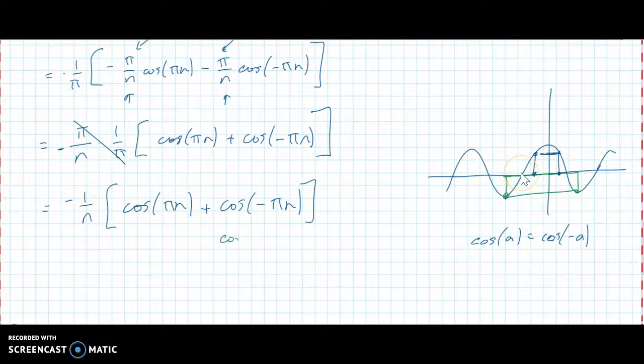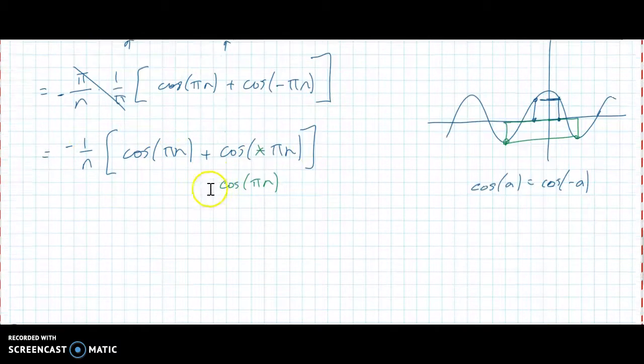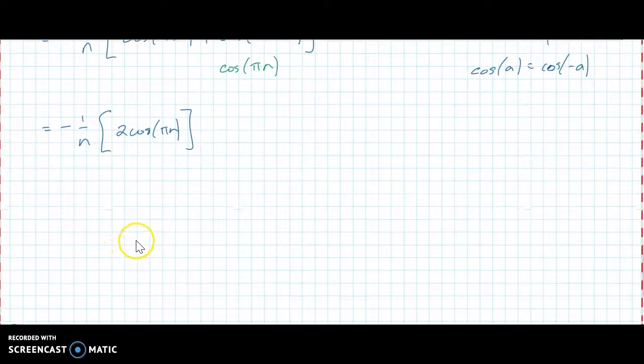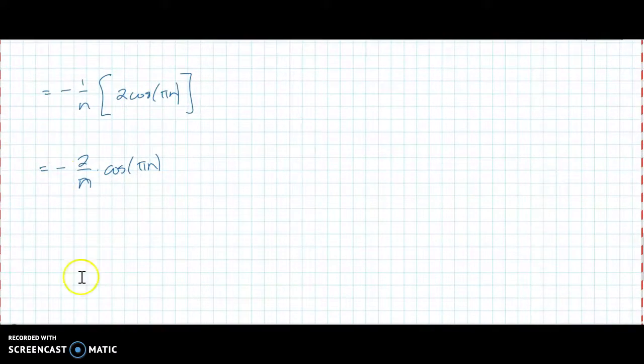That means that this piece right here is the same as cosine of pi n, and this goes away because it is an even function. So notice we get equals negative 1 over n, open bracket, 2 cosine of pi n, like that. And at this point, I'm just going to write it as equal to negative 2 over n times cosine of pi n.